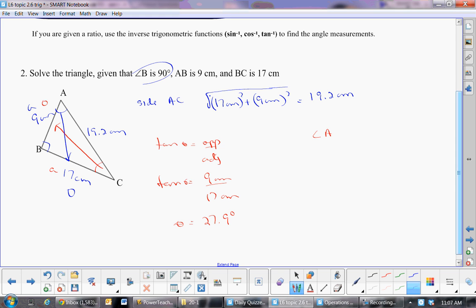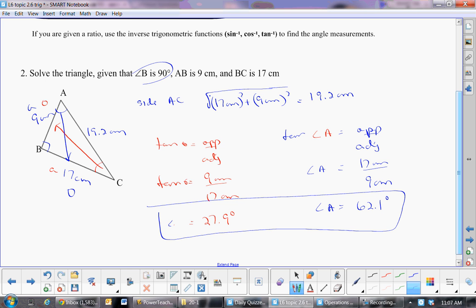Now remember, your opposite and adjacent changed because they're from a different angle. So for angle A, you could use opposite over adjacent, which is opposite is 17 centimeters over 9 centimeters. So angle A would equal 62.1 degrees.